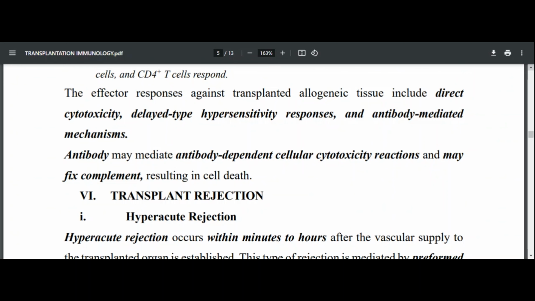Antibody-dependent cellular cytotoxicity involves marking or opsonization of antigen by the antibody, which leads to cellular damage of the antigen-bearing cells.